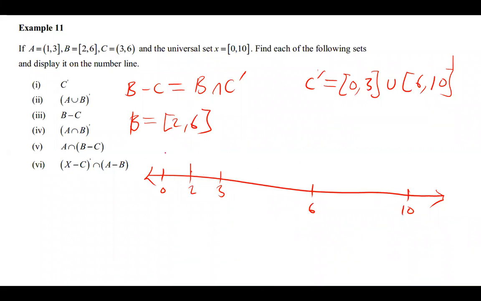So let us put the sets. B is from 2 to 6, and it's closed on both ends. This is our set B. And then we have C complement, which is first from 0 to 3, and it's also closed on both ends.